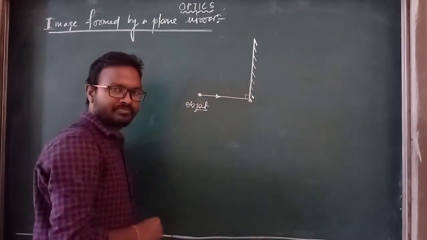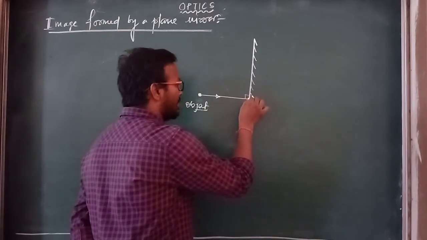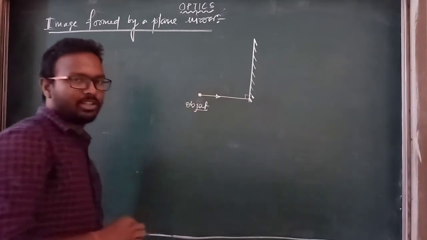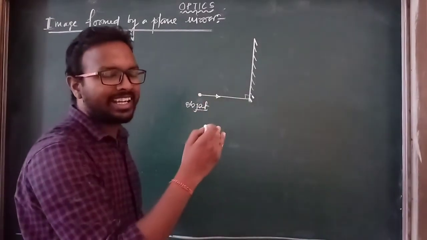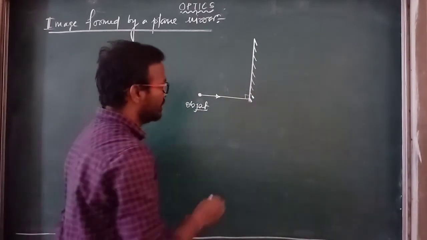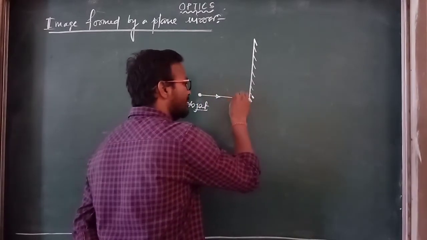If you draw a normal at this point, the normal also passes in this direction. That means the angle of incidence here is 0 degrees. According to the law of reflection, if the angle of incidence is 0, then the angle of reflection must be 0. That means the ray returns back to the same medium.